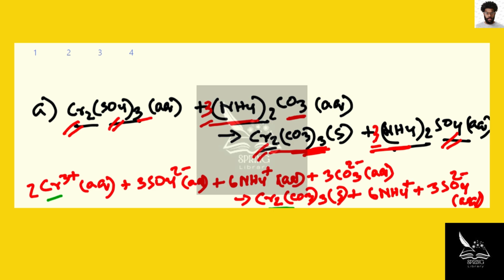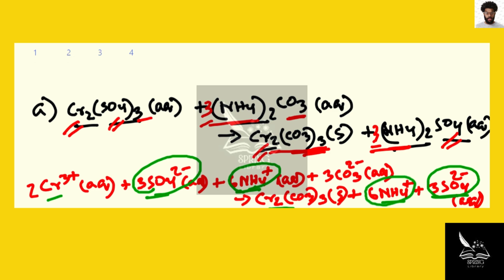Then we have 3 sulfate here and 3 sulfate here. That means sulfate is a spectator ion, and then we have 6 ammonium here and 6 ammonium here. That means ammonium is also a spectator ion. And finally, we have 3 carbonate, but there is no carbonate ion present on the product side. That means our spectator ions here are the sulfate ion and the ammonium ion.